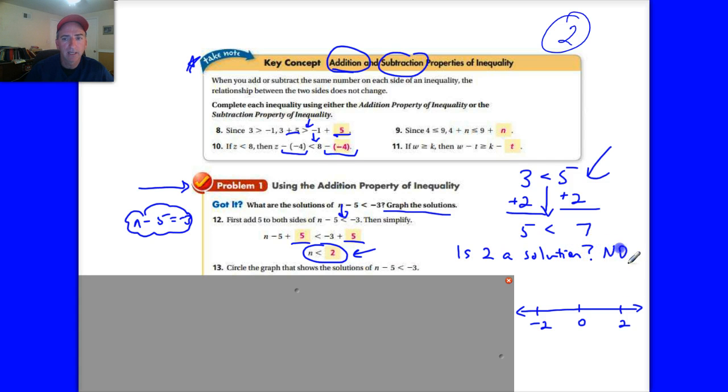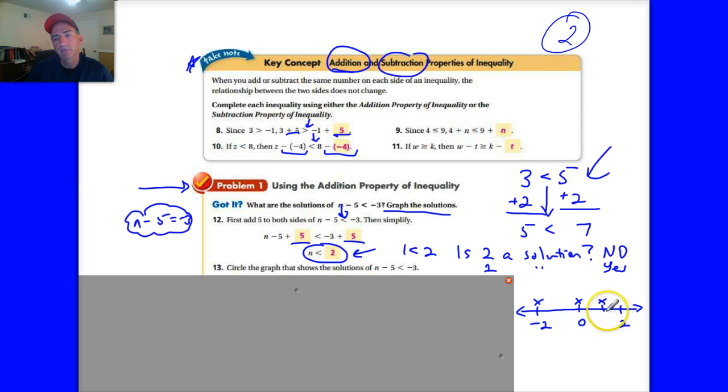No, it's not. However, it's a boundary point. Okay, so let me come back to that. How about, let's say 1. Is 1 a solution? Yes, because 1 is less than 2. So I do actually have a solution here at 1. How about 0? Is 0 a solution? Yeah, 0 would be a solution. How about -2? Yeah, that would be a solution as well.